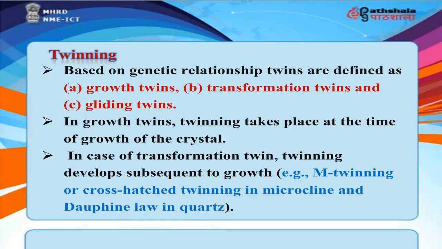Based on genetic relationship, twins are defined as growth twins, transformation twins, and gliding twins. In growth twins, twinning takes place at the time of growth of the crystal. In the case of a transformation twin, twinning develops subsequent to growth. Example, M twinning or crosshatch twinning in microcline and Dauphiné law in quartz.